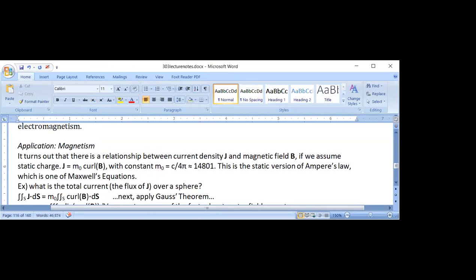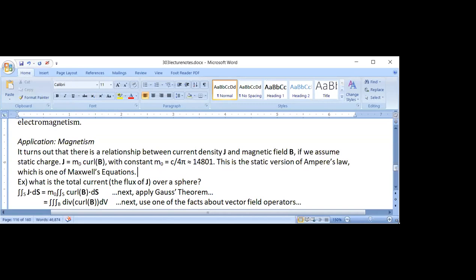But from here, we can apply Gauss's theorem. We know how to rewrite the double integral over the surface. It's just the triple integral over the three-dimensional solid of the divergence of the vector field. That's just the divergence of the curl of B dV, using our constants.